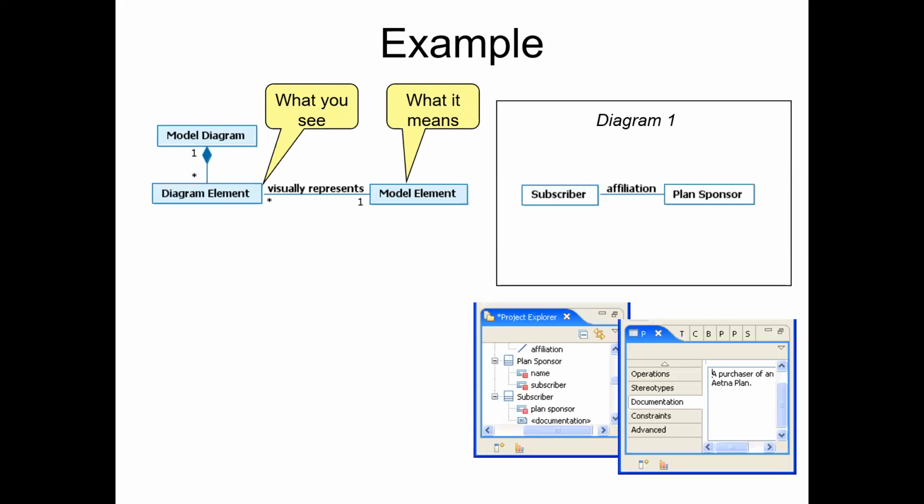Okay, so this is sort of an example. You do a model diagram, you create some diagram elements. In this case, I think this was an example when I was working for an insurance company. You have a subscriber and an affiliation with a plan sponsor. Within the modeling tool, often called the repository, these definitions reside. So you can see there's a plan sponsor, which has a name and a link to a subscriber.